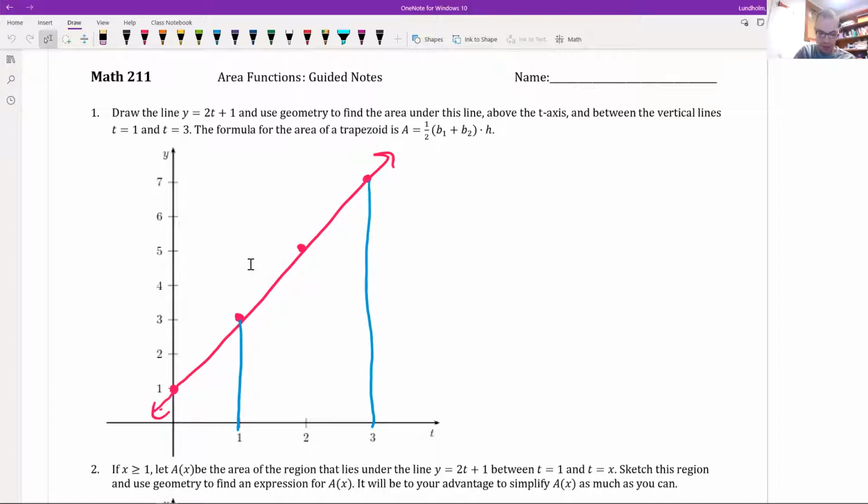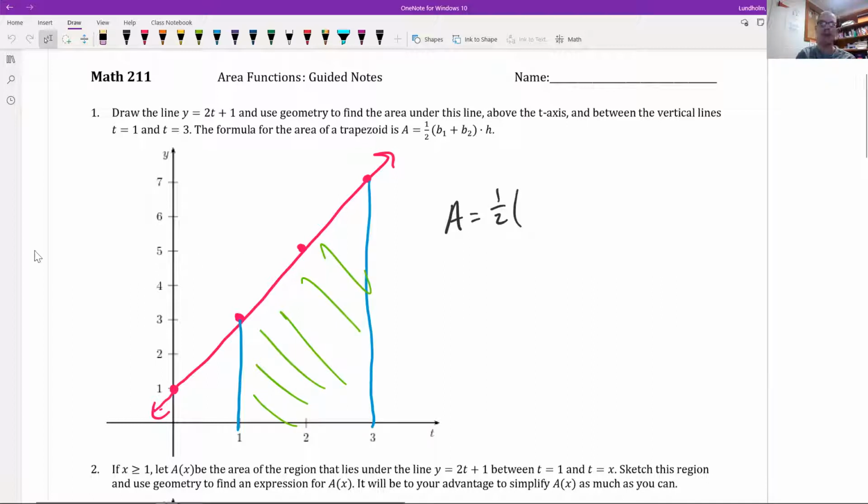If we're going to find the area of this trapezoid, what do we do? One half, we're taking the average of the two bases, which are the parallel sides. This one is 3 units long, and this one is 7 units long.